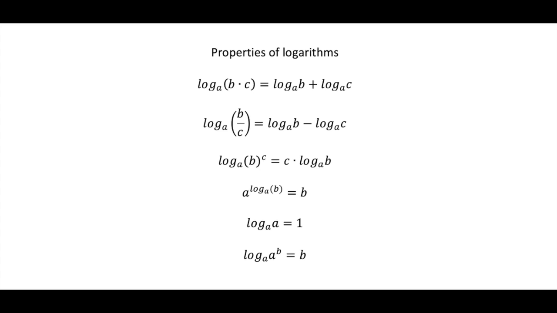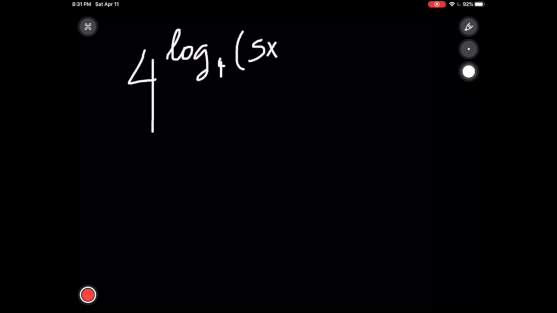There is one more property we haven't looked at yet, and that's property number 4. A to the power of log base a of b is b. Let's look at an example. Here you have 4 to the power of log base 4 of 5x plus 3.